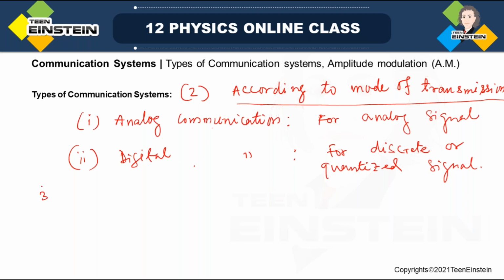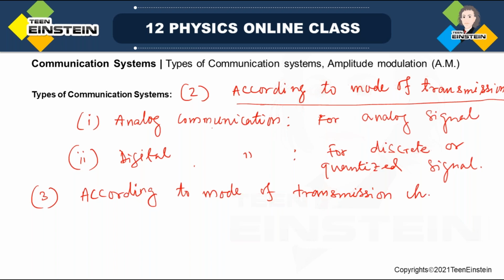But according to the mode of transmission channel, whatever channel or medium we use, what are the types of communication systems we have?